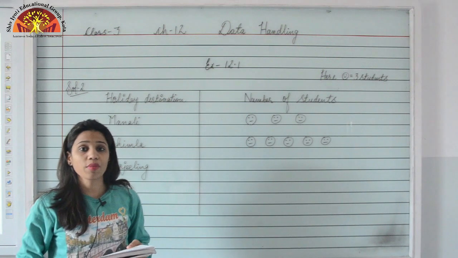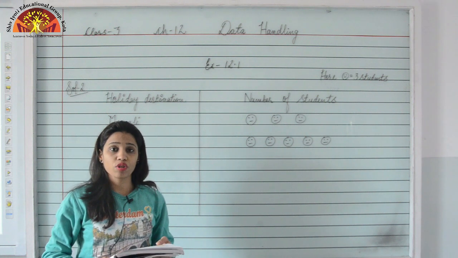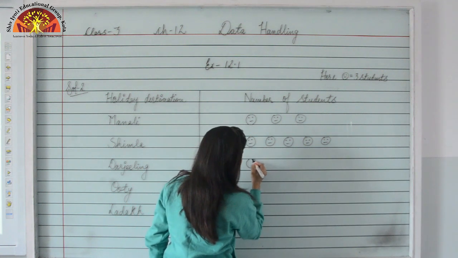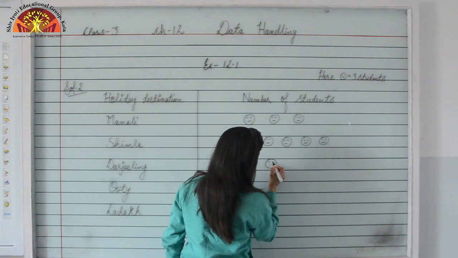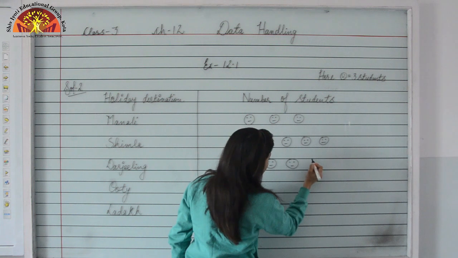Now Darjeeling, how many students like Darjeeling? 12 students. That means I am going to draw 4 symbols because 3 fours are 12. Here each symbol is representing 3 students. 1, 2, 3 and 4.